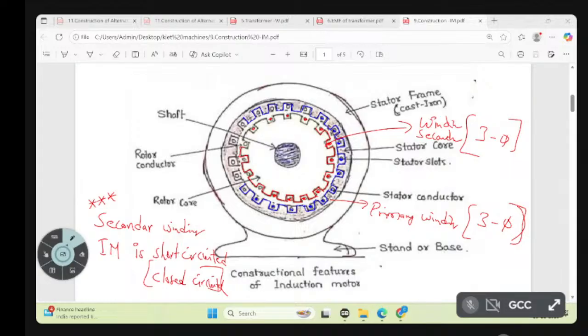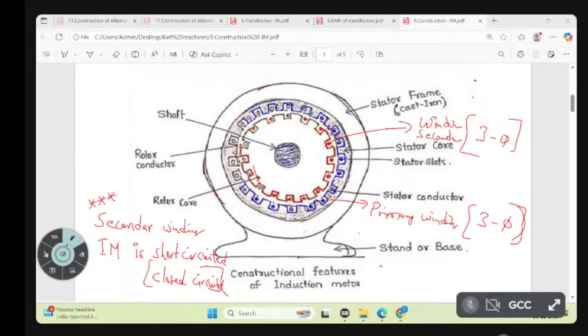Rotating magnetic field, what is the meaning? The flux will rotate like this. You cannot see the flux, but the flux will rotate like this, clockwise direction. That's why I am calling it a rotating magnetic field.